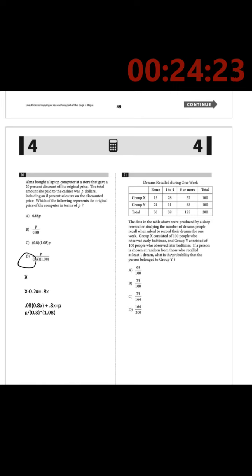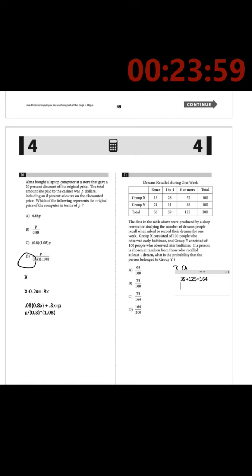Okay, so first, if a person is chosen at random from those who recalled at least one dream, then you would have 39 plus 125. That's the amount of people who recall at least one dream.